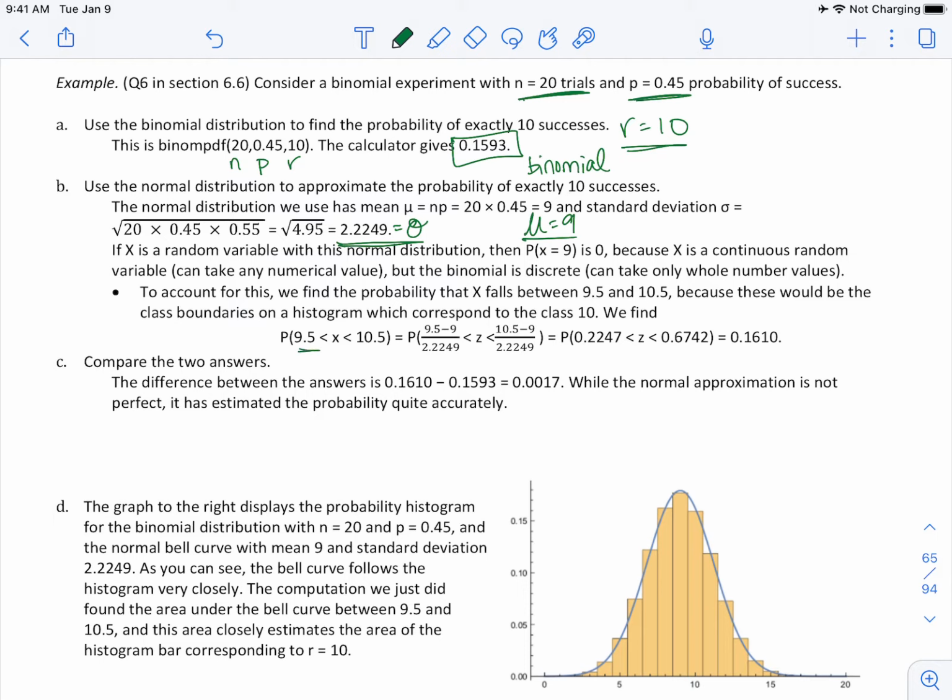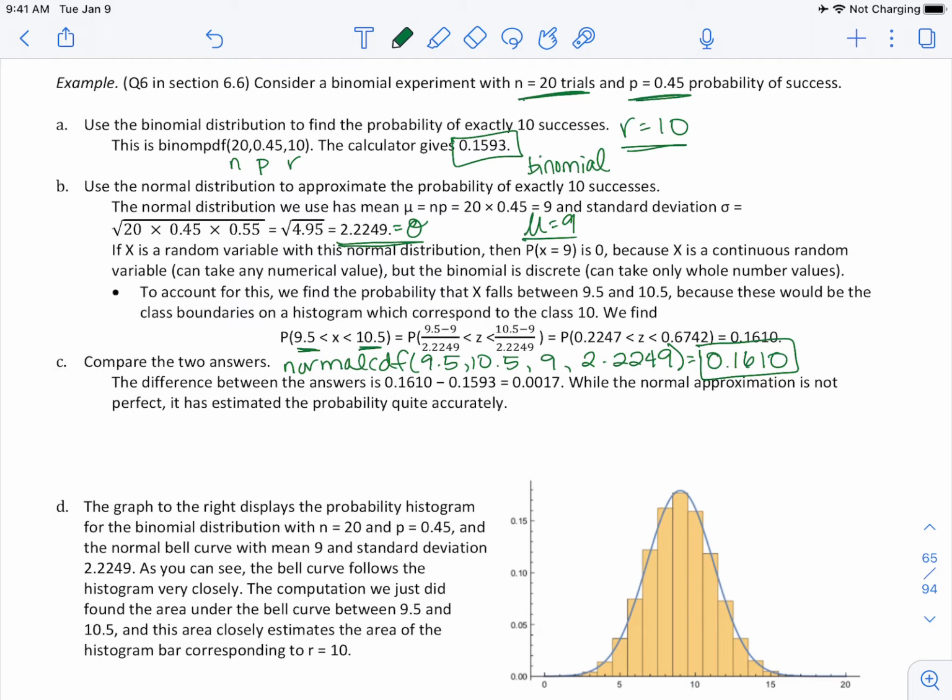So another way, this is using the z-score. If we wanted to do it using normal CDF, we do normal CDF of 9.5 to 10.5. Our mean is 9. Standard deviation is 2.2249. And this is going to give us 0.1610.